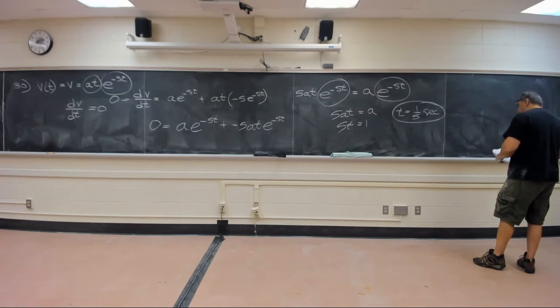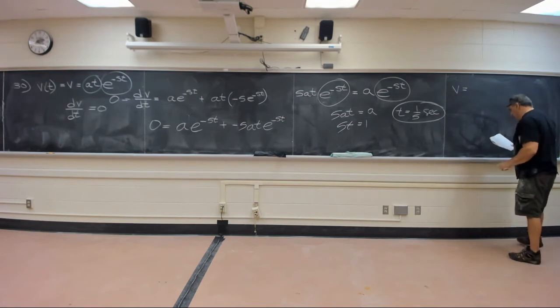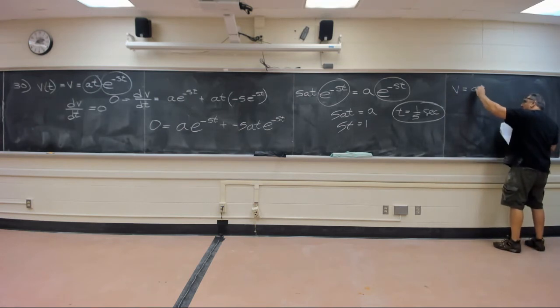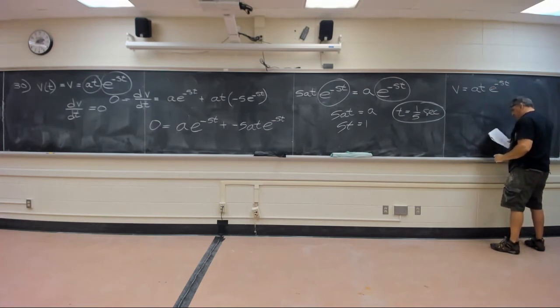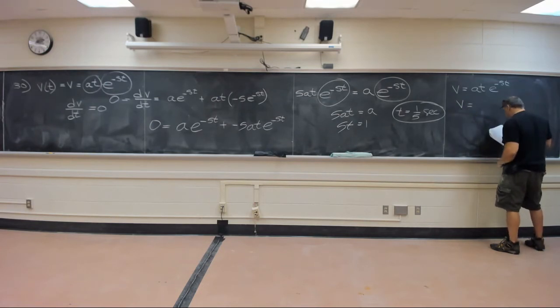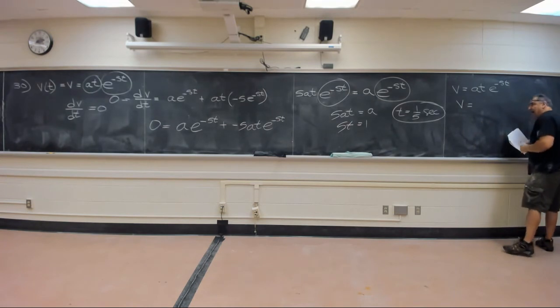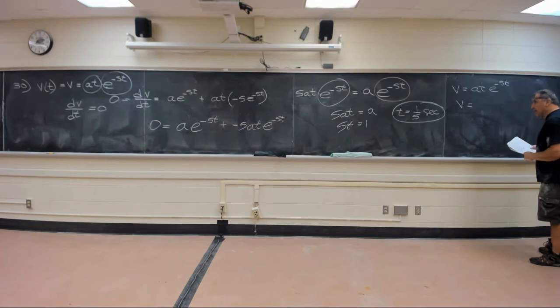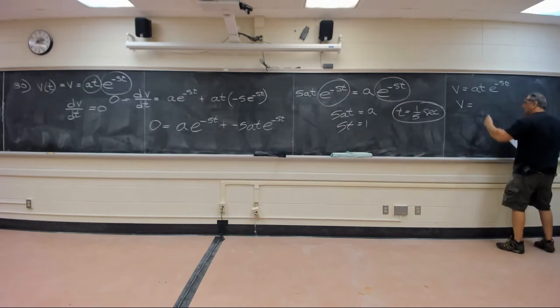Let's plug in what you've got to plug in. You've got v is v. This is the original function given to you, so go back to that original function and do the math. We found t is 1/5 of a second, so let's write it in there.